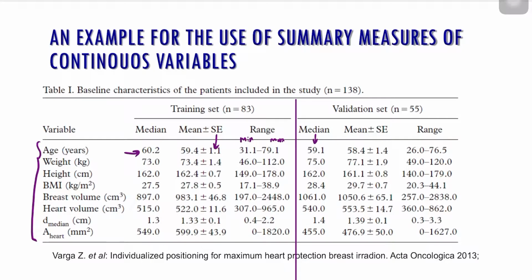It is 55 in number, and on the left we use a training set, which is, again, 83. As you see here, whether the number is higher or lower depends on whether we want the training set or the validation.